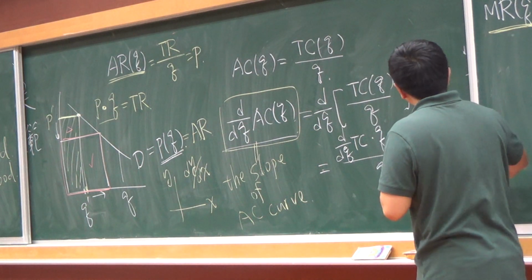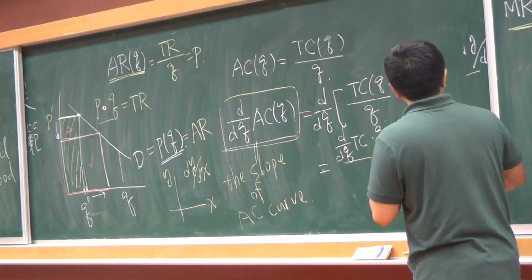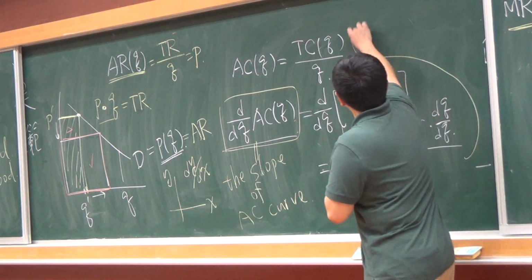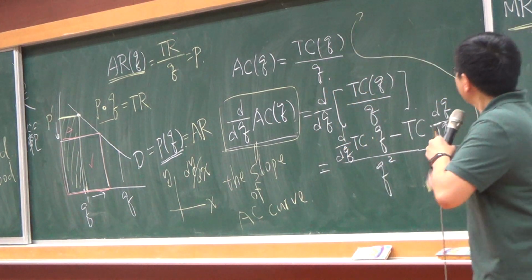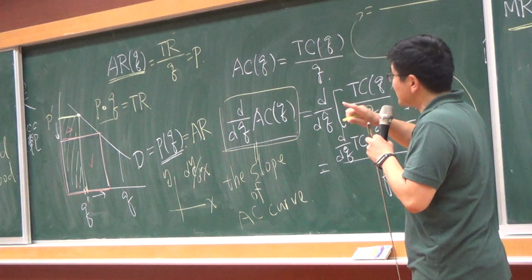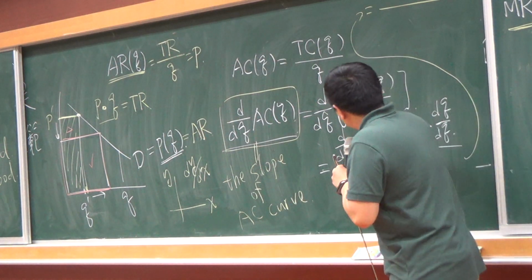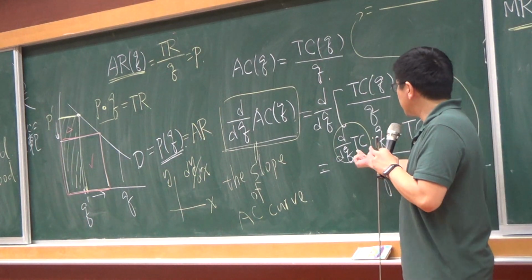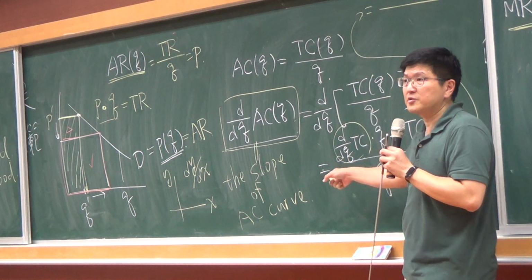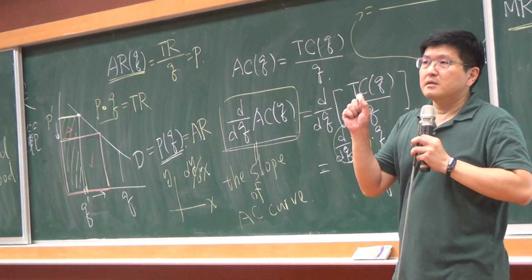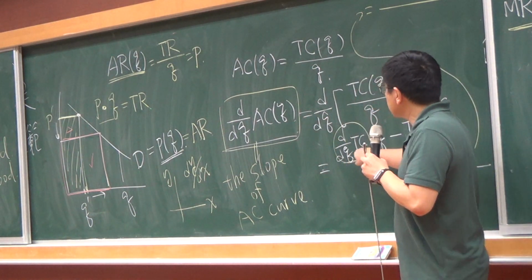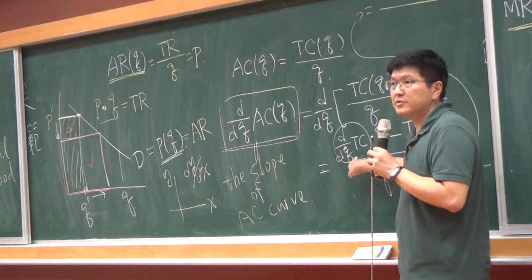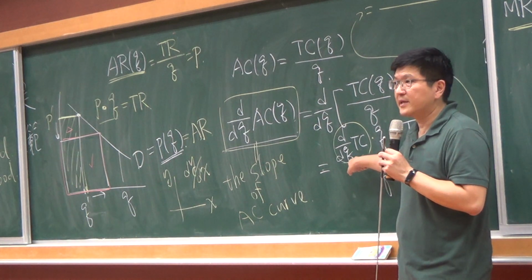So, let me find some space. It goes up here. It equals, okay, pay attention to this. What is this? We differentiate total cost with respect to Q, which means what effect on total cost a unit increase in Q has, the marginal.